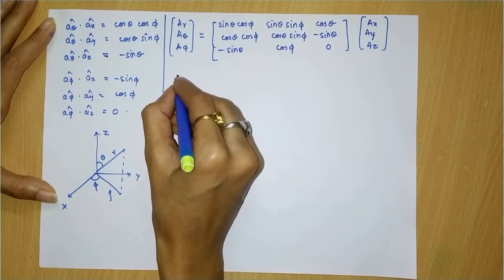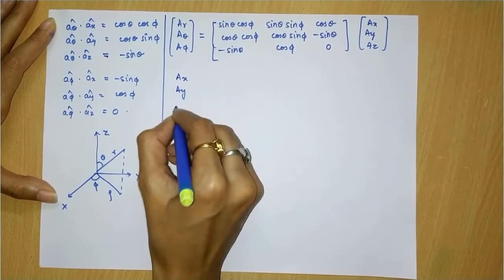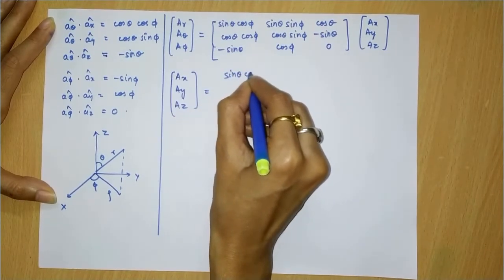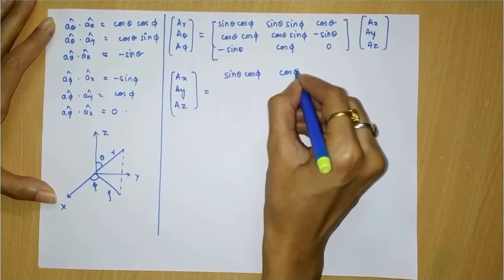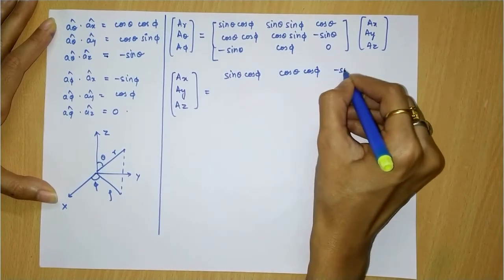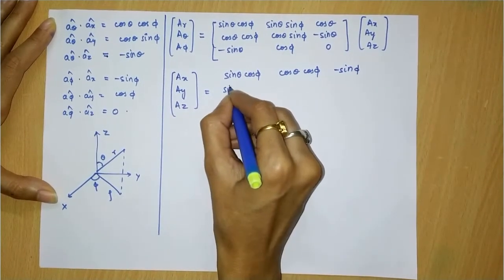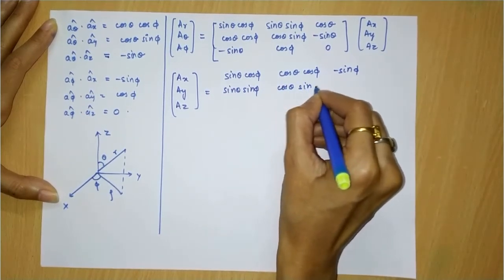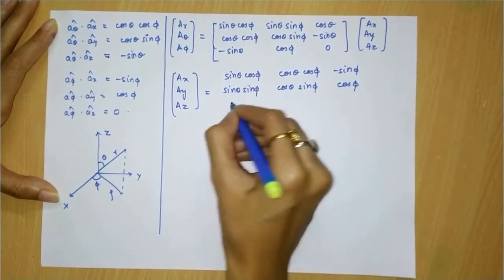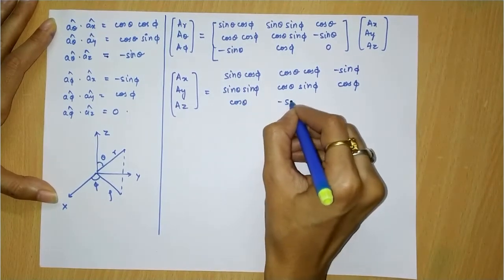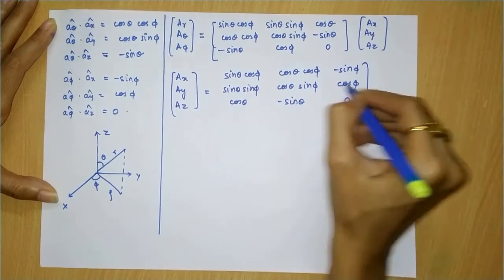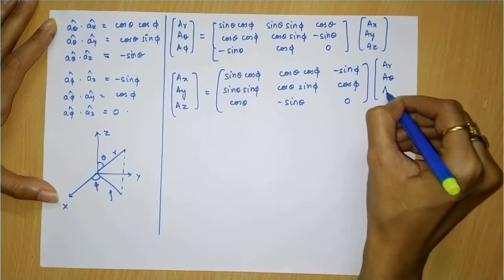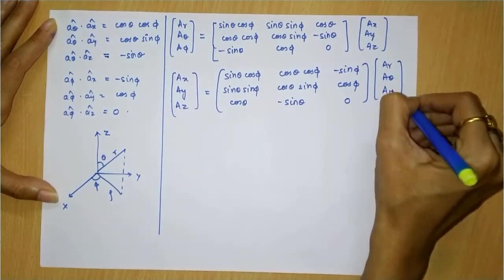For inverse transformation, we have Ax, Ay, Az is equal to the matrix: sin theta cos phi, cos theta cos phi, minus sin phi; sin theta sin phi, cos theta sin phi, cos phi; cos theta, minus sin theta, 0; multiplied by Ar, Aθ, Aφ.